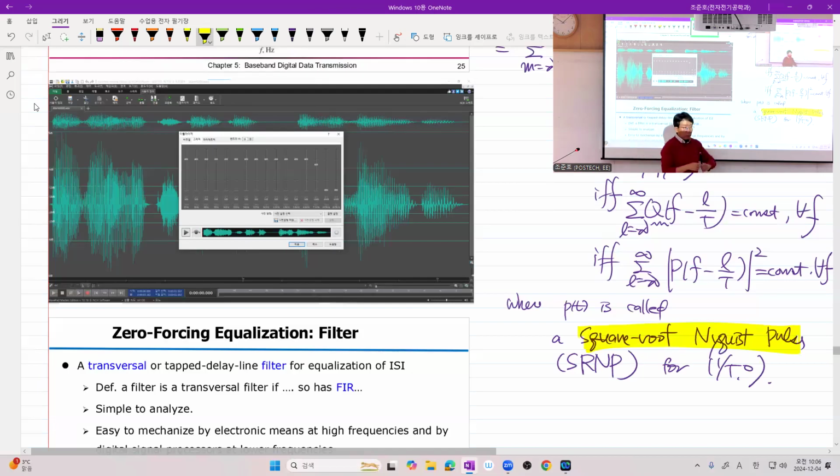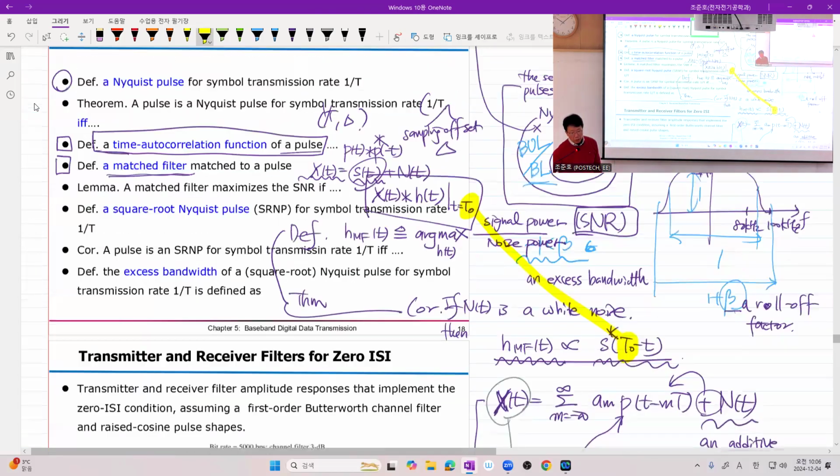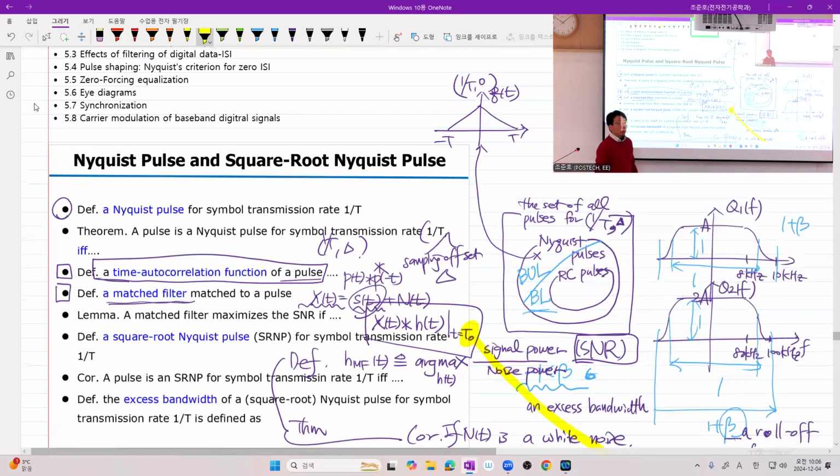Now, let me ask you a question. Are you going to use a Nyquist pulse when you generate a transmitted signal, or a square root Nyquist pulse in your transmitter? And the answer is actually, it depends on your noise. If noise is very, very small, you don't need to use a square root Nyquist pulse.